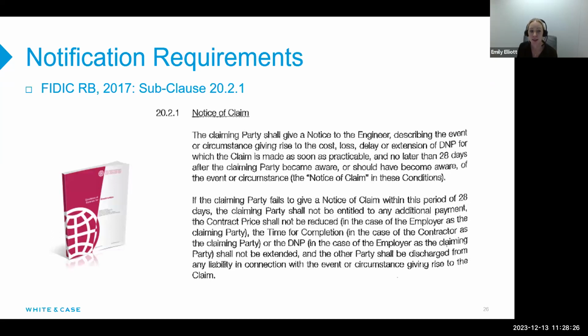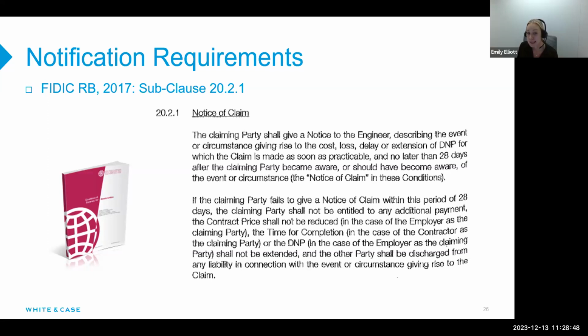Thank you. So a contractor's failure to comply with the relevant notice requirement can have significant effects depending on the wording of the contract and the applicable law in order to ascertain whether the provision operates effectively as a time bar. If a contractor's claim is deemed to be time barred, then its claim for an extension of time will fail.